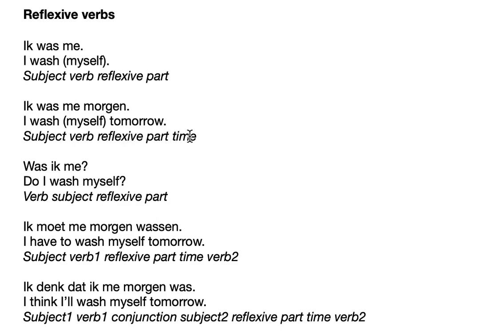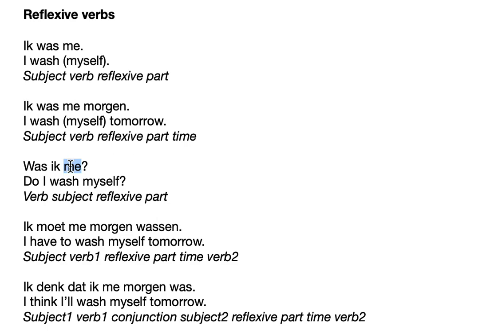In questions, some students hesitate to put this reflexive part behind the verb. That's maybe the only part that's a little bit tricky. And they think, was me ik? Well, no. First verb, subject, and then this reflexive part. So the subject and the verb are always closely tied to one another in the main clause, in the main sentence, not in the sub-sentence as you've seen.